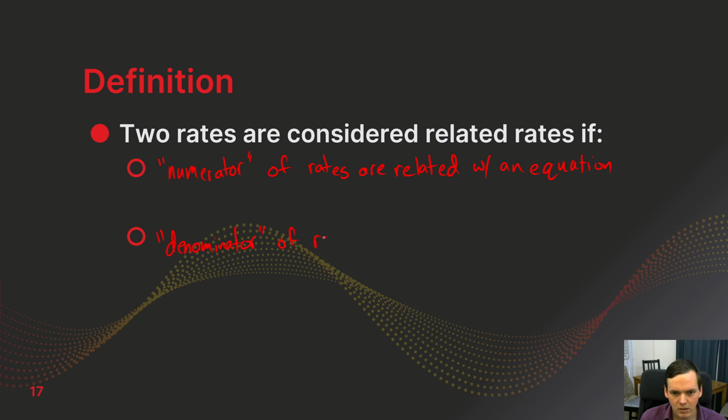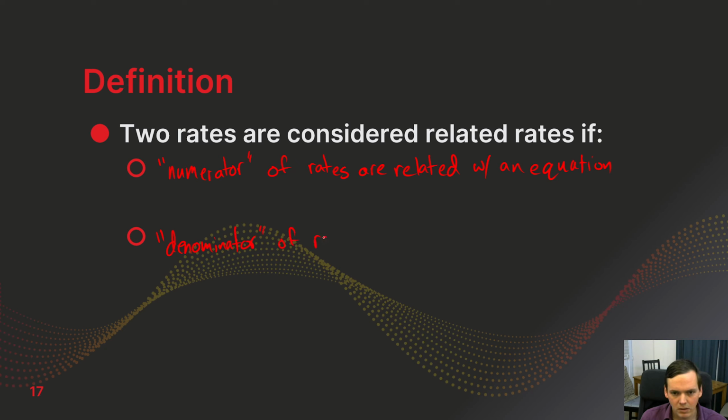So we can relate volume and height, and as time goes on, as that fills up, you might imagine a dV by dt and a dH by dt. If we took the derivative of height with respect to time and the derivative of volume with respect to time, these two would be related rates because the numerator, this V and this H, are related, and they have the same quantity here in the denominator.